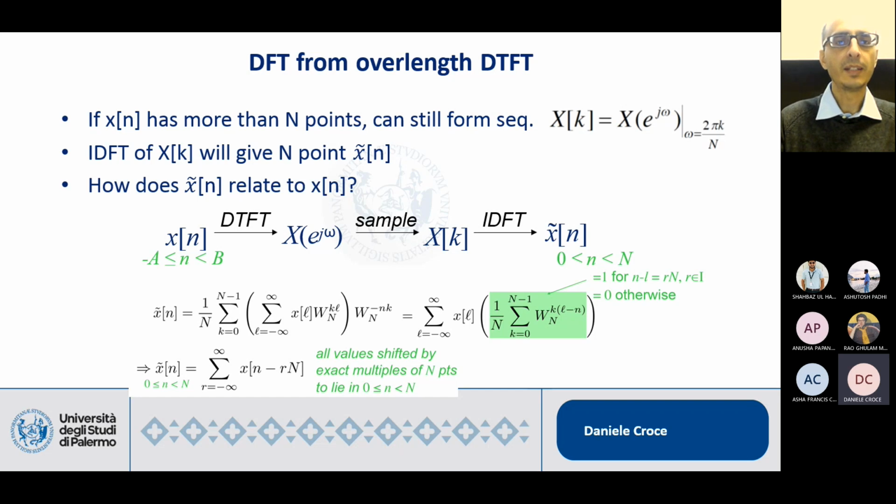And then we sample the DTFT to obtain the sequence X of k. And then from the sequence X of k, we compute the inverse discrete Fourier transform x tilde of n, which has support from 0 to capital N, which in general is different from minus a to b. So the question is, what is the relationship between the two sequences, x and x tilde?